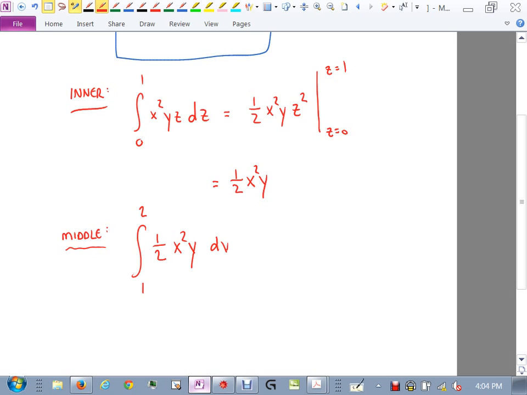What's my middle integral with respect to? y. What's the antiderivative of that with respect to y? So it'll be 1/4 x squared y squared. Evaluating from, it's y, right? So we're going to replace our y with 2 and 1.